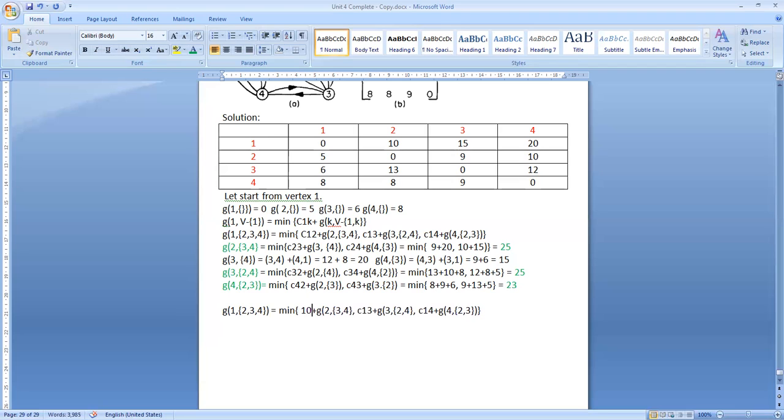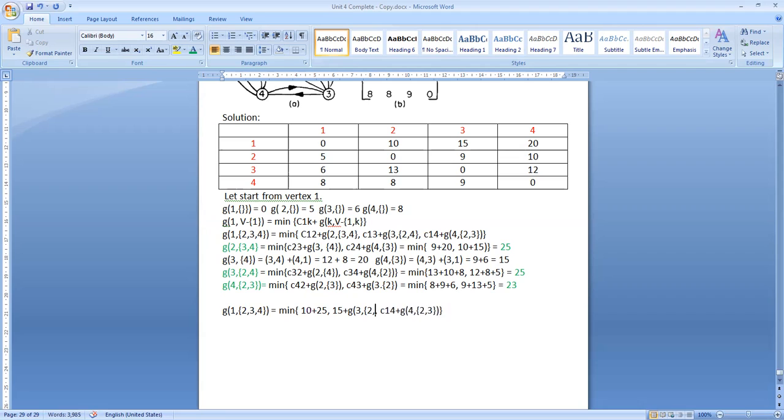10 plus G(2,{3,4}). G(2,{3,4}) I have computed as 25. So this is 25. Then C1,3, the edge between 1 and 3, it is 15. 15 plus G of (3,{2,4}). G of (3,{2,4}) I have computed as 25.